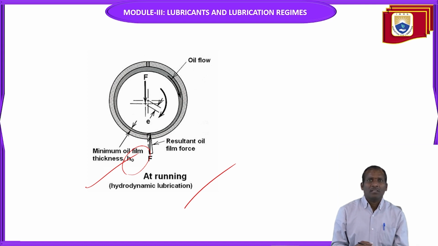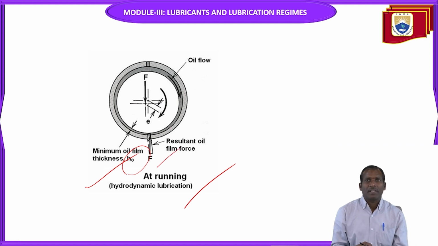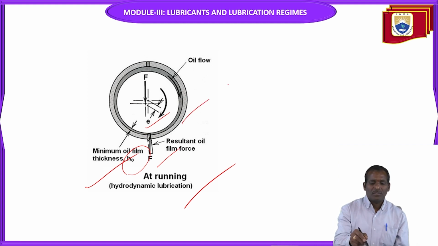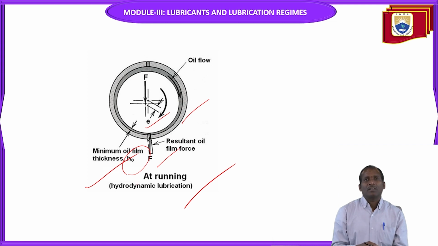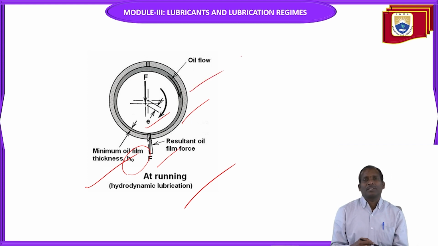So the resultant oil film force you can see in the diagram, and the eccentricity. At a running condition, the journal floats inside the bearing like this. The continuous oil flow is also present. So like this, there are three stages in a hydrodynamic lubrication system.